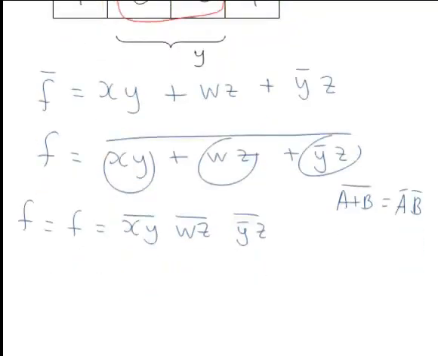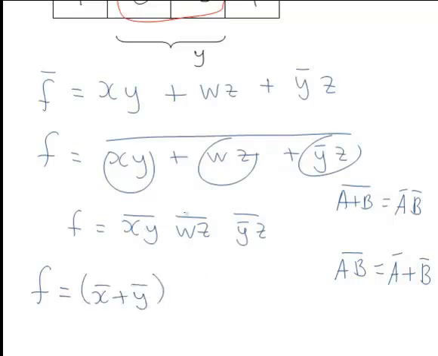The second De Morgan law is also useful. That allows us to simplify these blocks further by saying that (AB) bar is A bar plus B bar. And so now, for instance, the first part, (xy) bar, becomes x bar plus y bar.